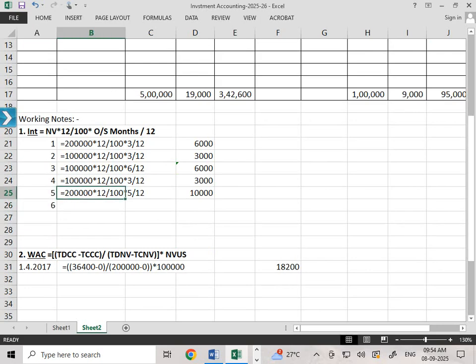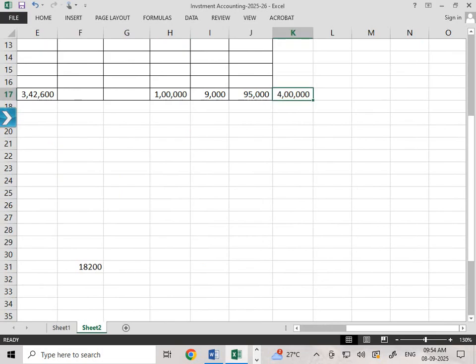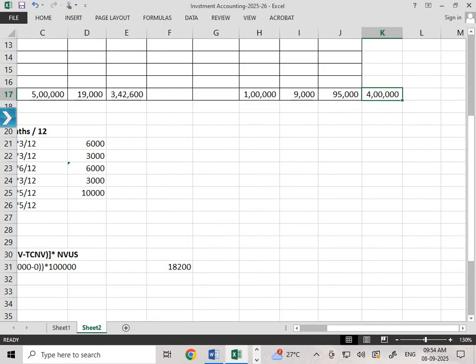Same formula. So what is the outstanding balancing figure in the nominal value? I have indicated here 4 lakh. Why 4 lakh? See here, total of debit side of nominal value 5 lakh and here 1 lakh. 5 lakh minus 1 lakh, 4 lakh.